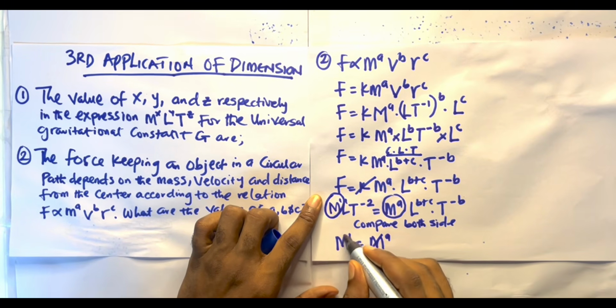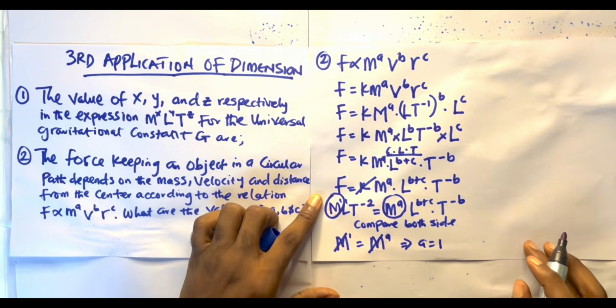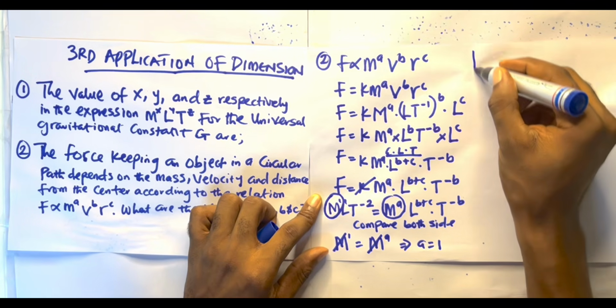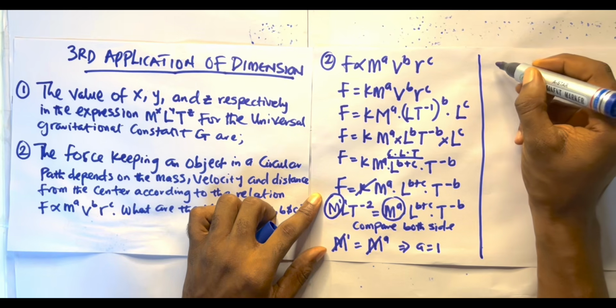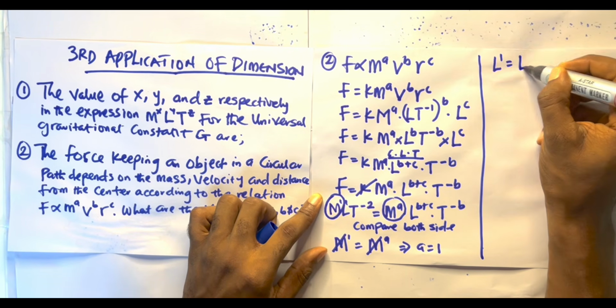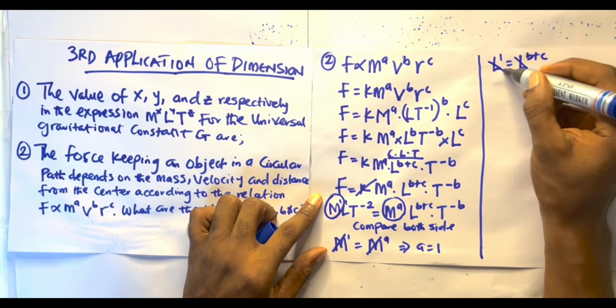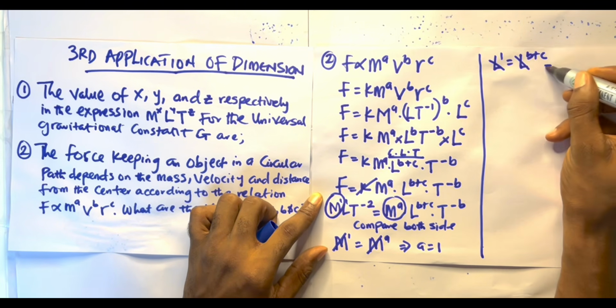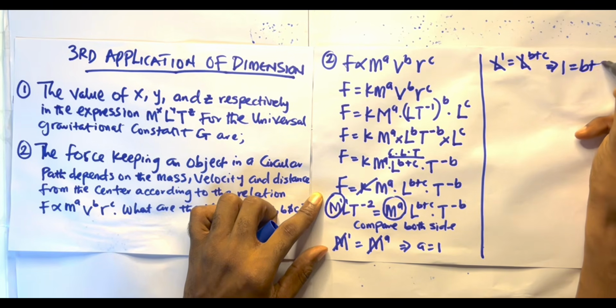So this will cancel this, and we'll be having a is equal to 1. We have gotten a. The next thing we are going to be comparing is L^1 is equal to what? L^(b+c). So L will cancel L, we bring the power down, and we'll be having 1 is equal to b plus c.